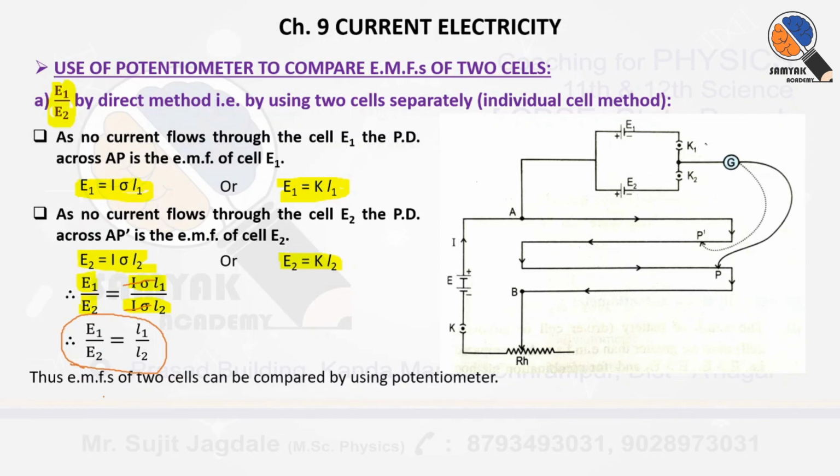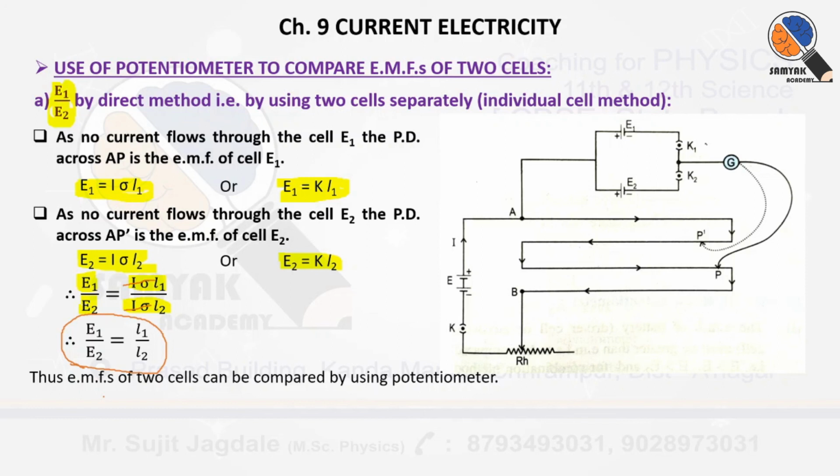So in this way, EMFs of two cells can be compared with the help of a potentiometer, for which we are going to use the principle of potentiometer, which is that the potential difference across any section of the wire AB is directly proportional to the length of that section. That particular principle we had used to compare the EMFs of these two cells by using the individual cell method or the separate method.